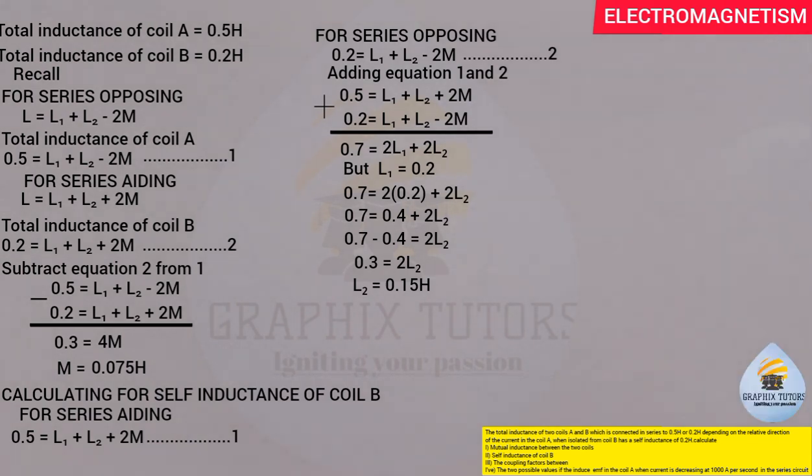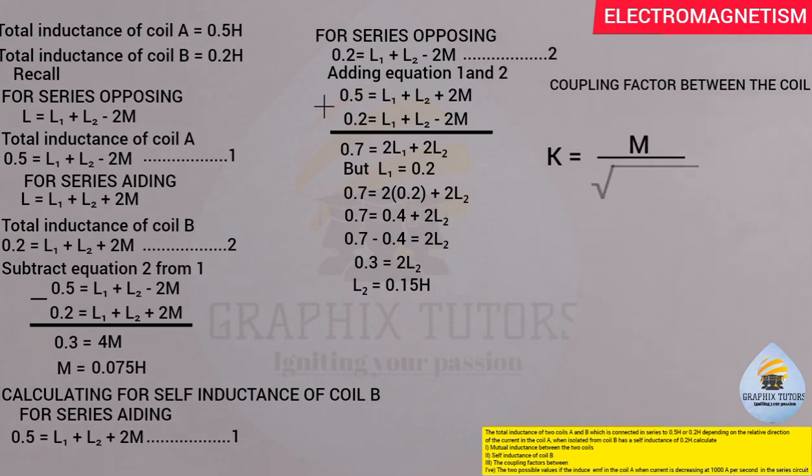We've gotten that. Now we look for the coupling factor between the coils. Recall, the coupling factor K is given as the mutual inductance over the square root of the self-inductance of coil A times the self-inductance of coil B, that is L1 times L2.